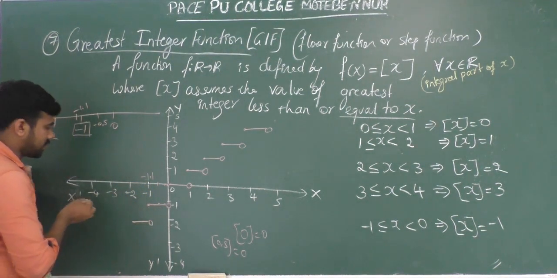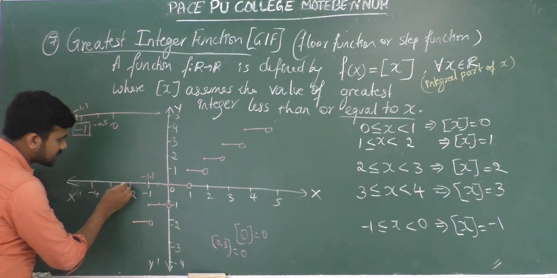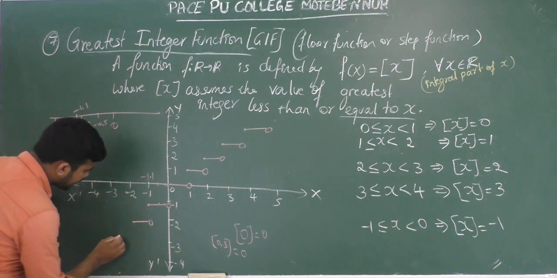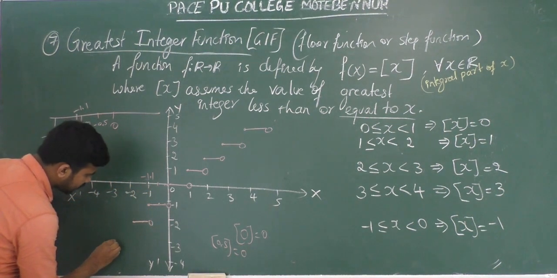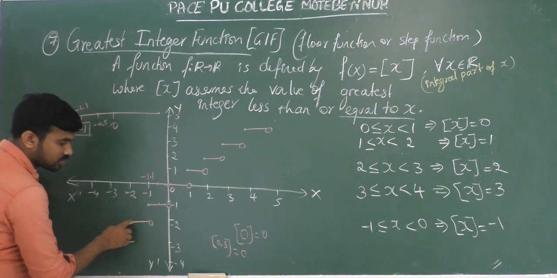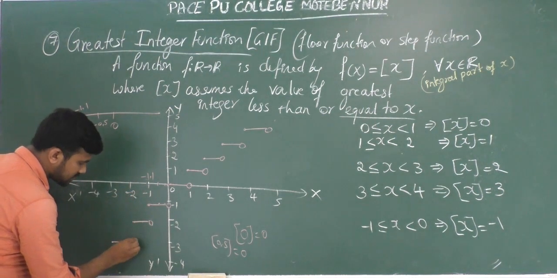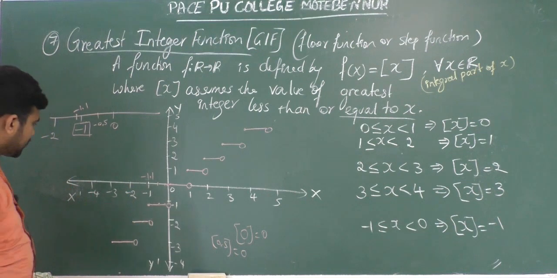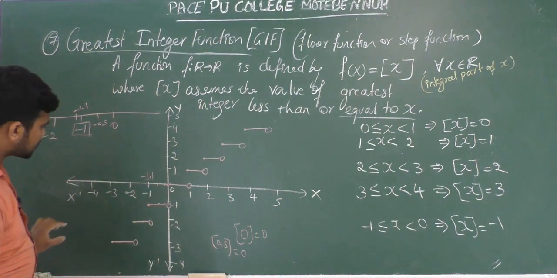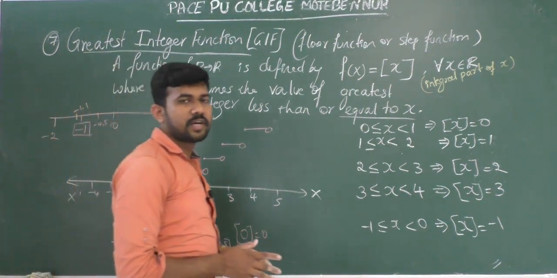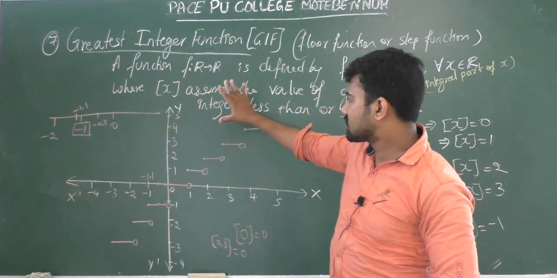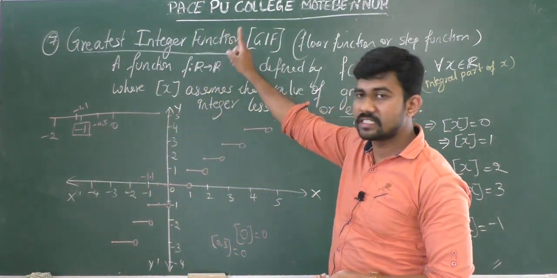So yes, open circle. Similarly here also, from -2 to -3, the image elements will again be -3 only, but the image of -2 is -2, not -3. So again, open circle. It continues likewise. Okay, so you can observe in this graph, this is the graph of your greatest integer function.